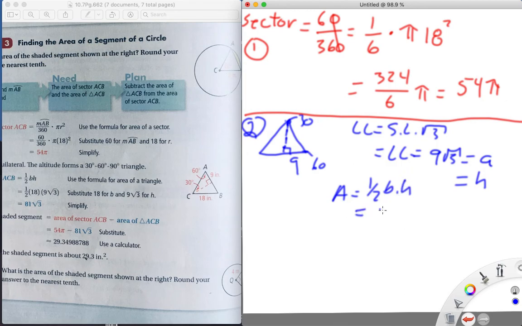In this case, my base is 18, and my height is the apothem, 9 square root 3. So it's going to be 1/2 times 18 times 9 times the square root of 3. And that gives me 81 square root of 3. So this is my area of the triangle.